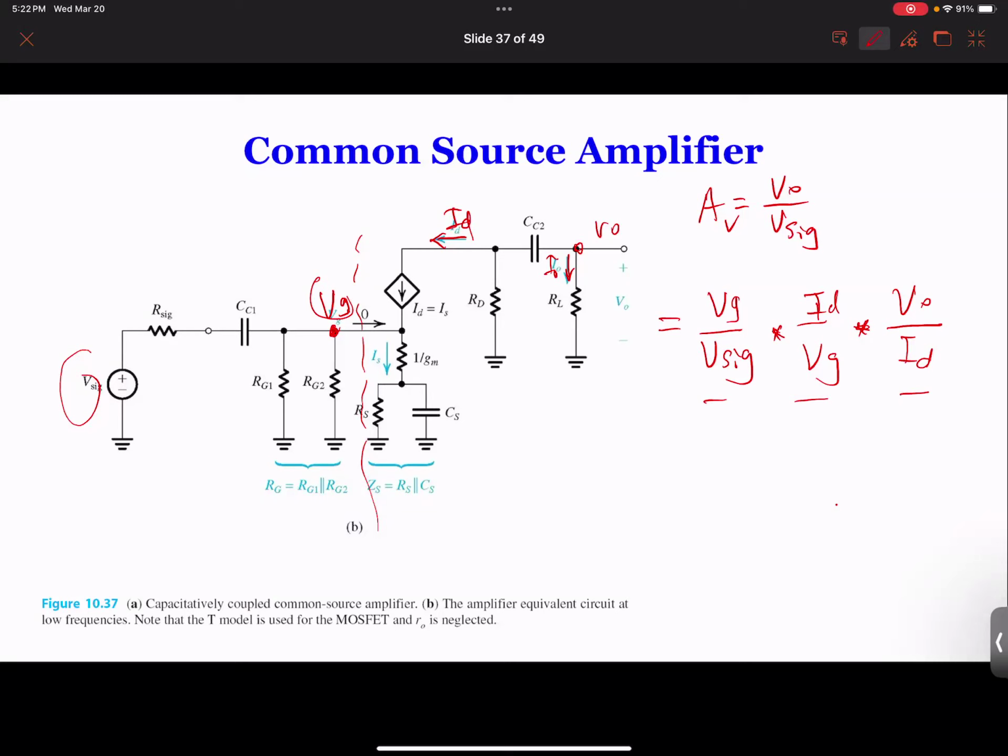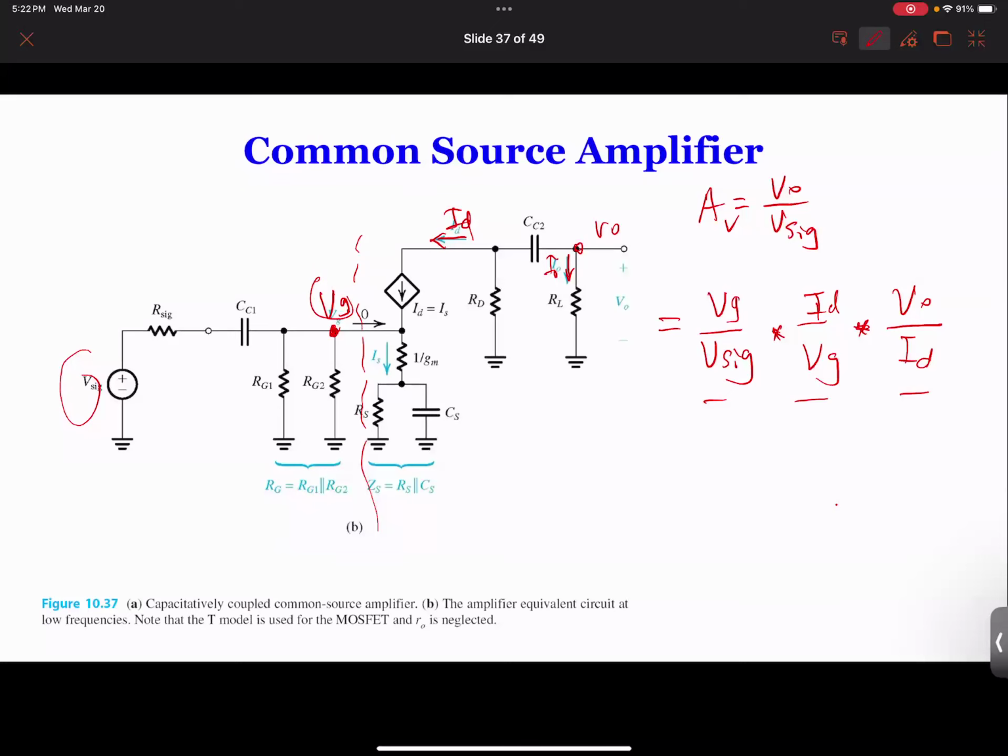For example, in this circuit, how do you get VG? Remember, the current over here is 0. In the T model, the current going to the gate is still 0, very small, so we neglect this current. If we neglect that current, you can see that VG is this voltage in series with this one, in series with this one.